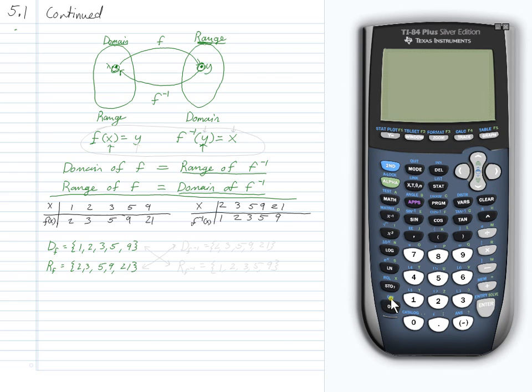Now when we invert, when we turn all of our x values into y values and our y values into the x values that they came from, we see that the domain of f inverse is 2, 3, 5, 9, and 21.